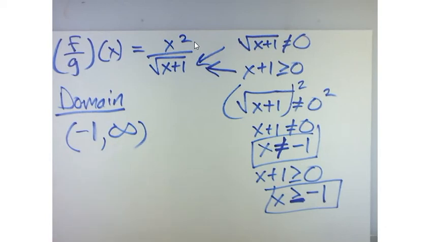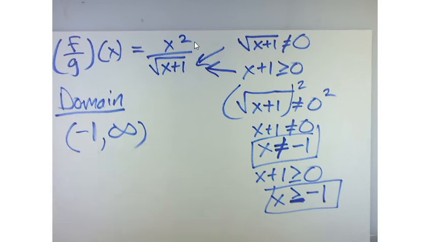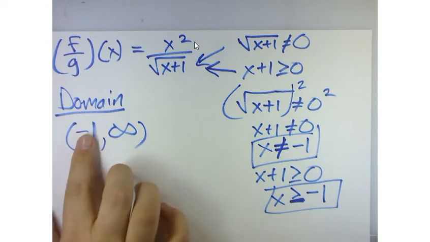Okay? And if we did the same for g of x squared, we'd go back to the original domain where we could include negative 1. So we really need to think about the function. We can graph it, but the graph is kind of hard to tell. When you look at your calculator, it doesn't really show you whether or not you can include one.